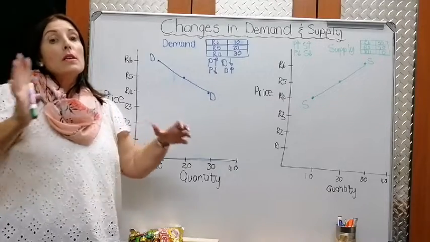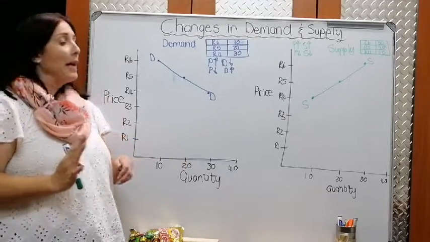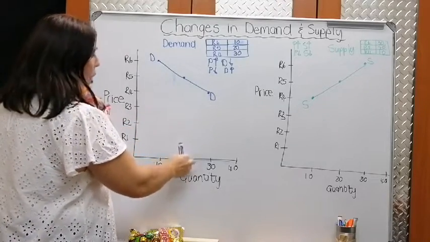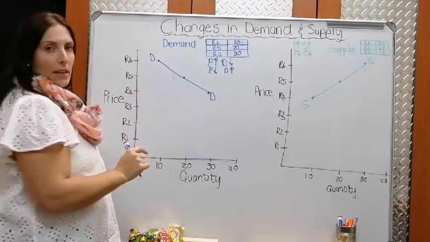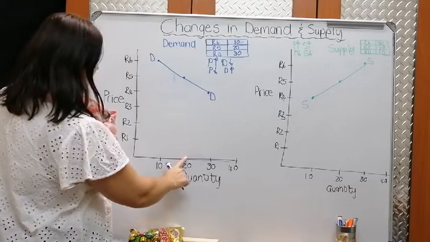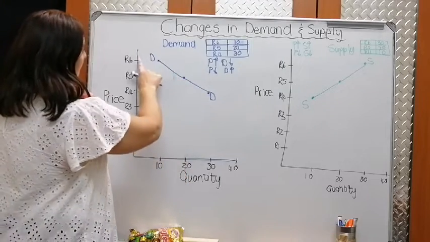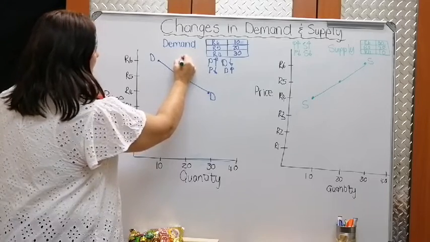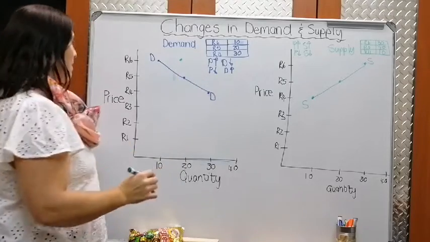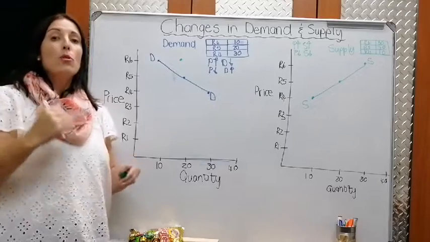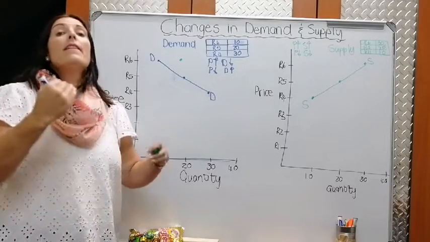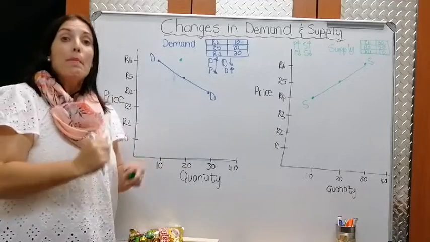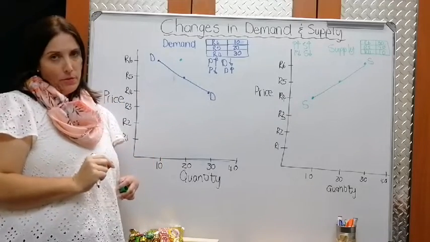But because more students now have more pocket money, now let's say 20 students are prepared to pay 6 Rand for a packet of chips. So if we go from here 20 up next to and meet where the 6 Rand is, more or less here. So at 6 Rand, now because the students have more pocket money, there will be more students being prepared to pay 6 Rand for the packet of chips.